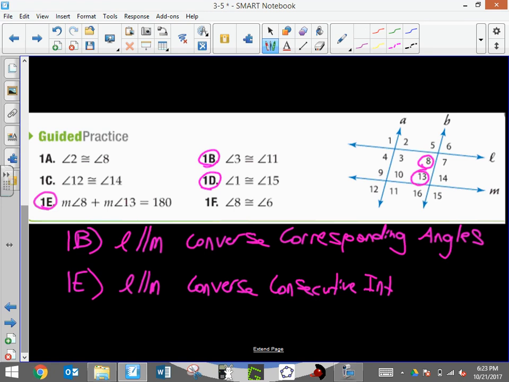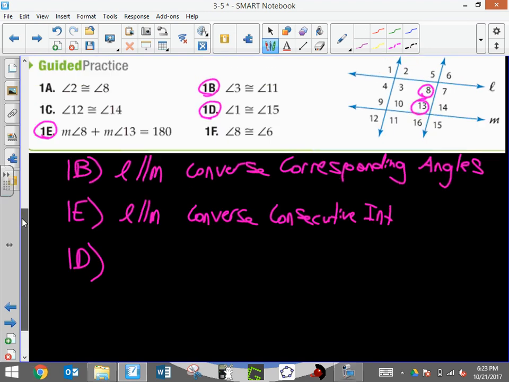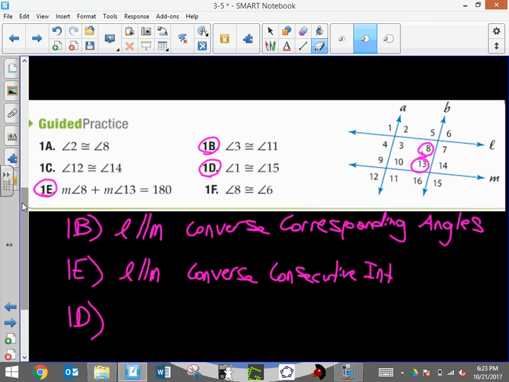And then the last one, I want to look at 1D. 1D is looking at angles 1 and 15. While looking at angles 1 and 15, I do not know any relationship between those angles. They could be congruent.